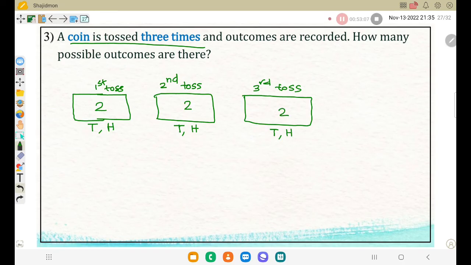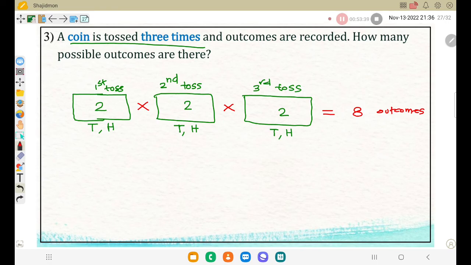So how are we calculating the total ways? First toss multiplied by second toss multiplied by third toss. 2 multiply 2 multiply 2 means 8 ways, correct? How many outcomes will there be? 8 outcomes. Have you understood?